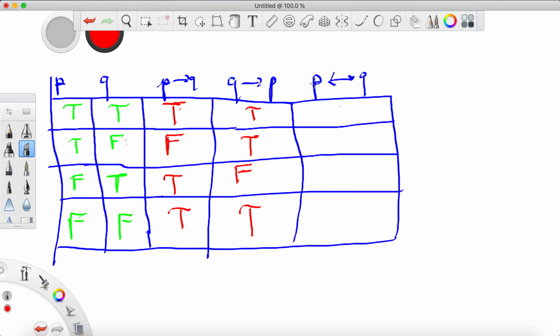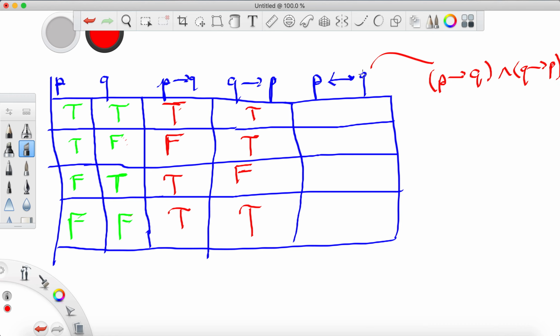Okay, so this is going to be true just in case both of them are true, right? Both of these. Because remember, this is just short for saying this, right?